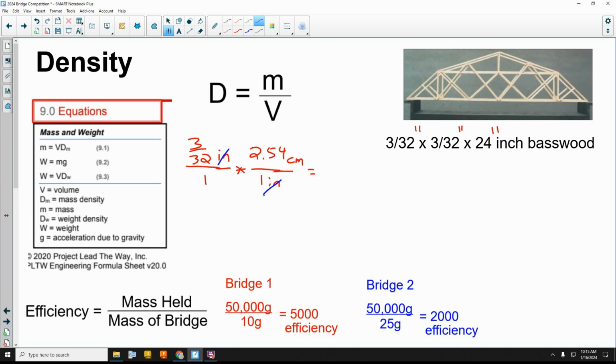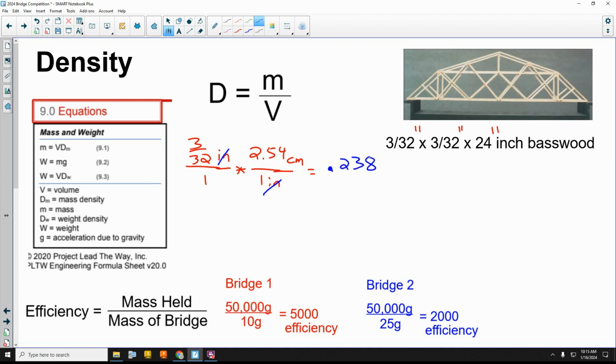So 3/32 times 2.54, what is that? Calculator? 0.238, yes.